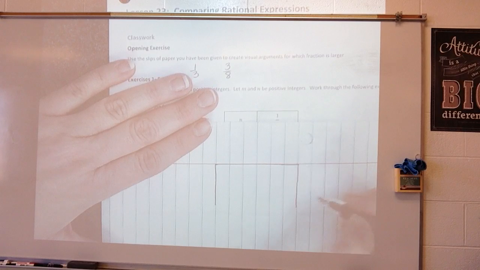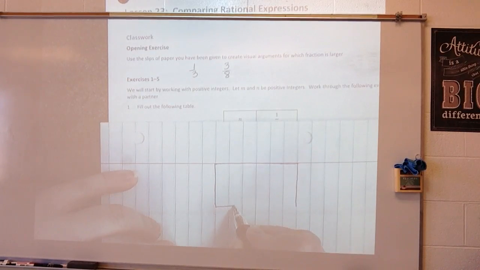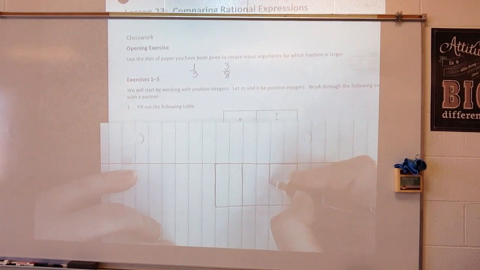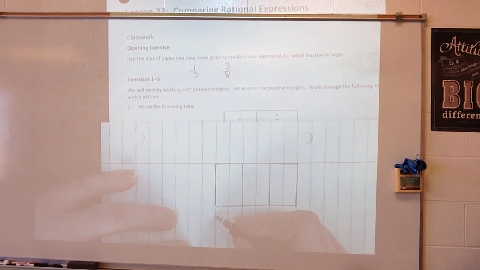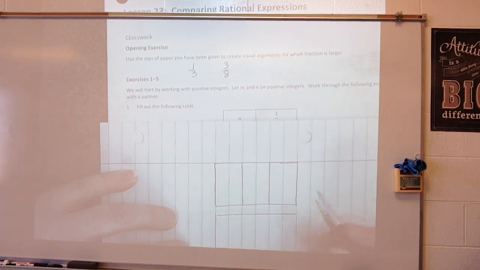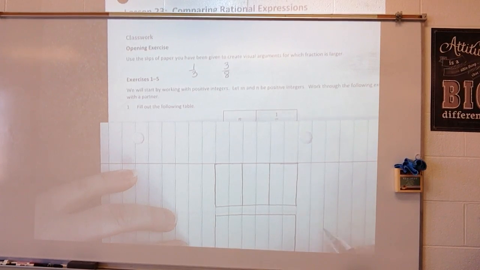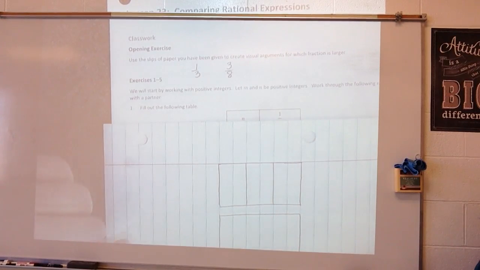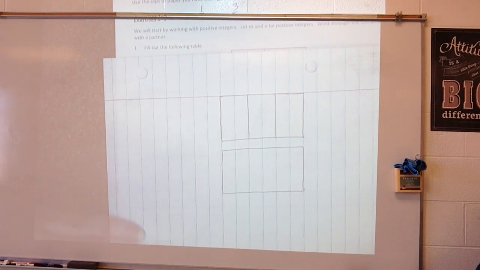All right, and I'm going to represent the fraction 1/3 here. And then I'm going to create an area model here. And notice that my area models are the same size. And I'm going to break this one down into eighths.